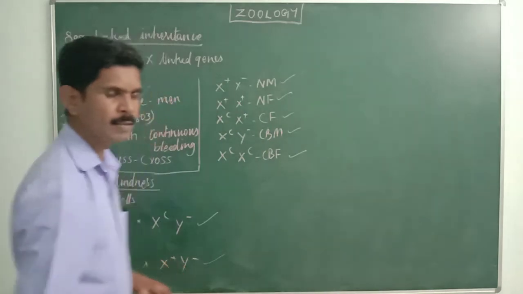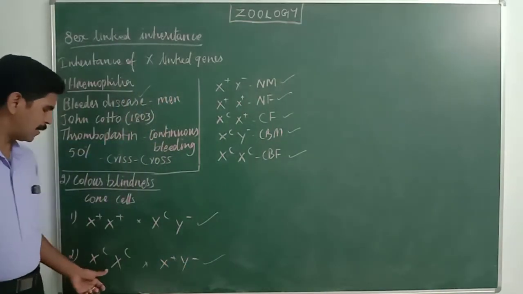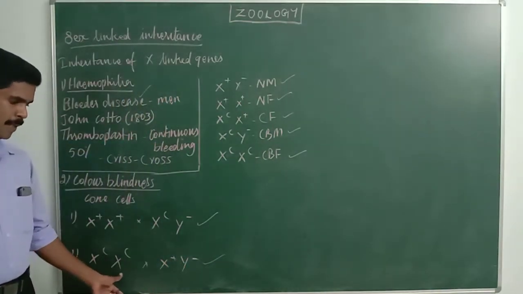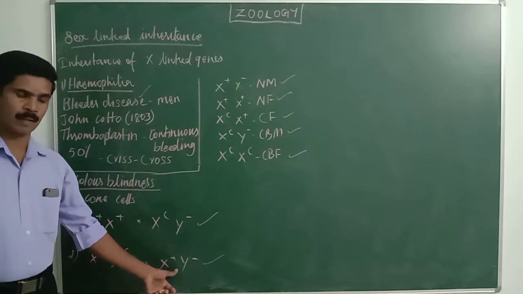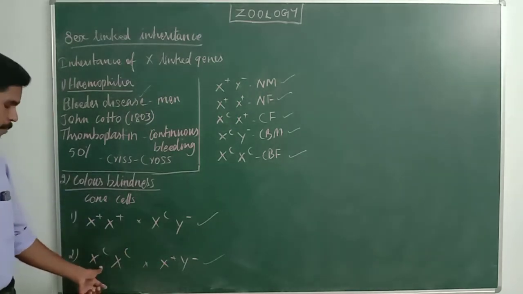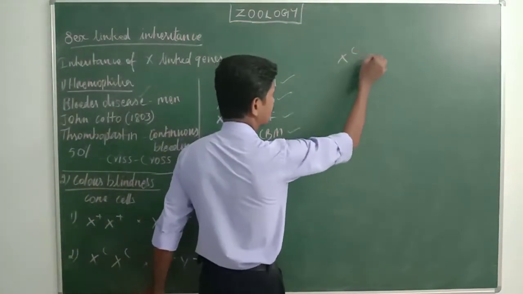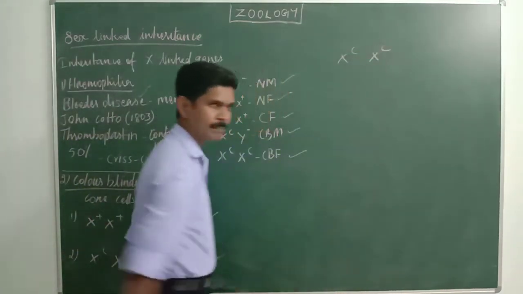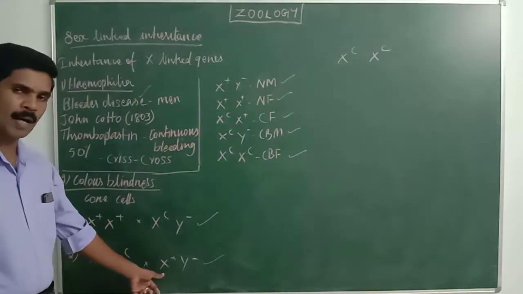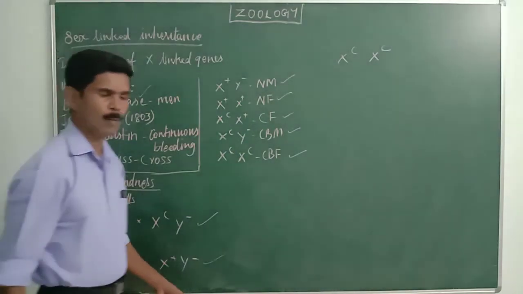So the second type of marriage is marriage between a colorblind female and a normal male. The gamete of the colorblind female is XC, XC. The gamete of the normal male is X plus Y minus.